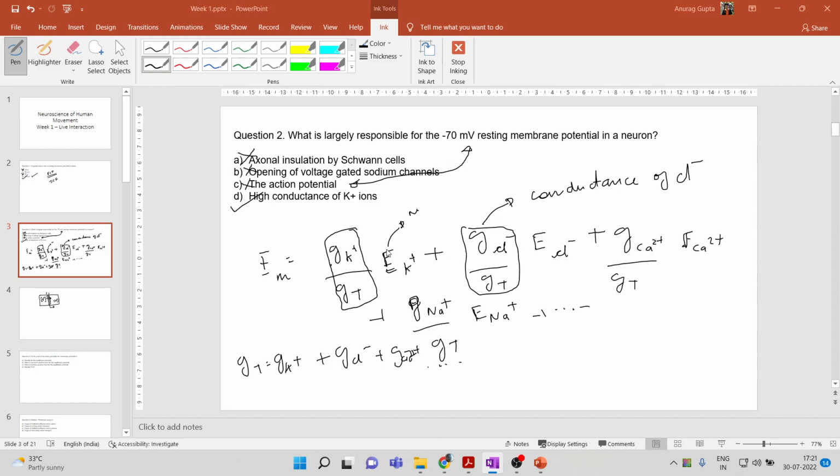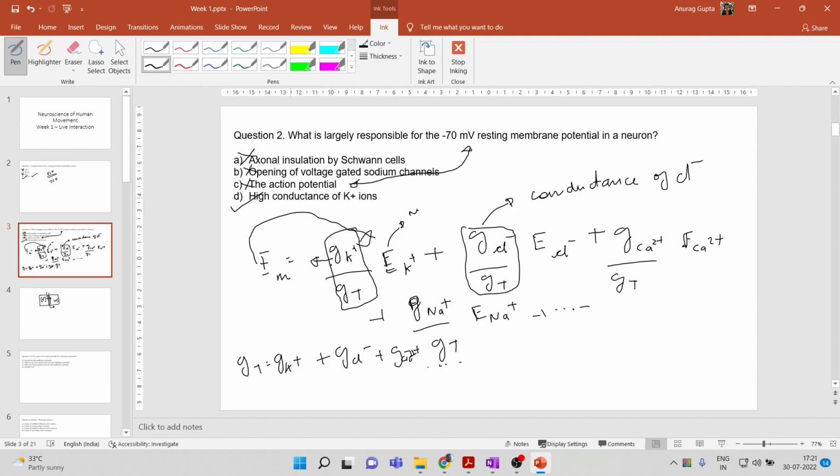Since the Nernst potential is, so now basically what I'm trying to say is the resting membrane potential will be closest to the Nernst potential of K plus, because the conduction of K plus is high when there is no external stimulus being given.